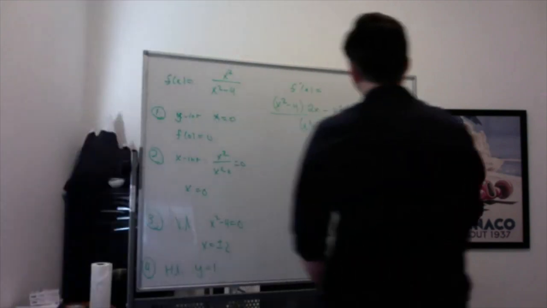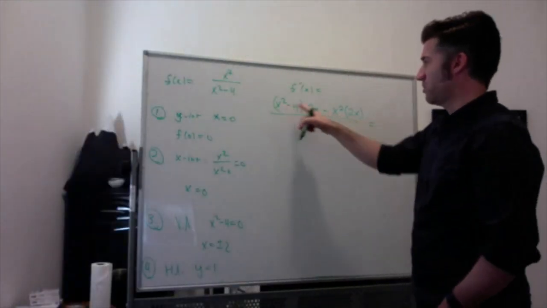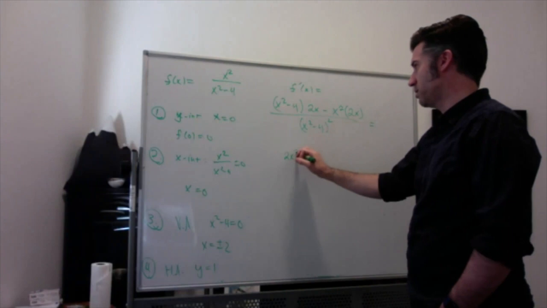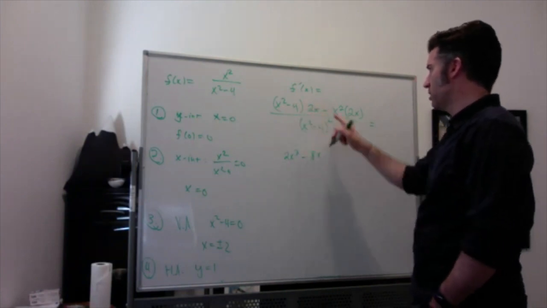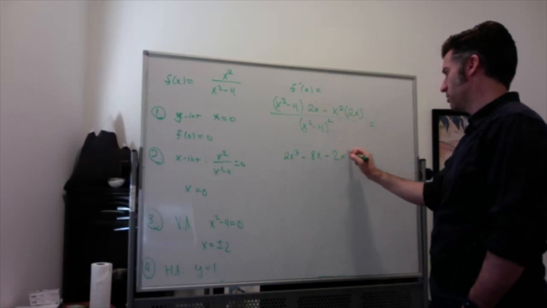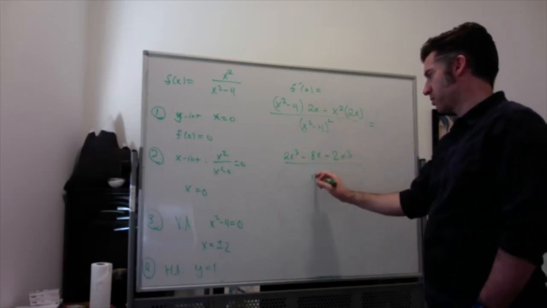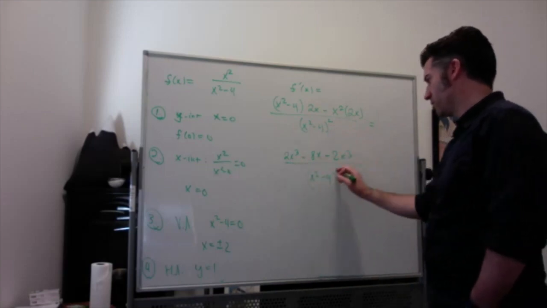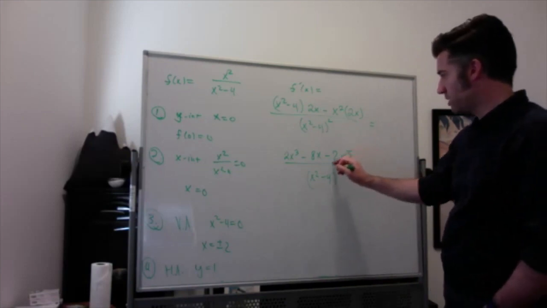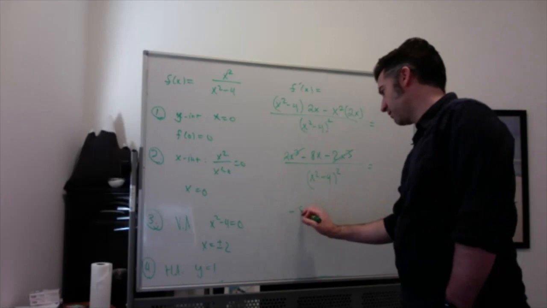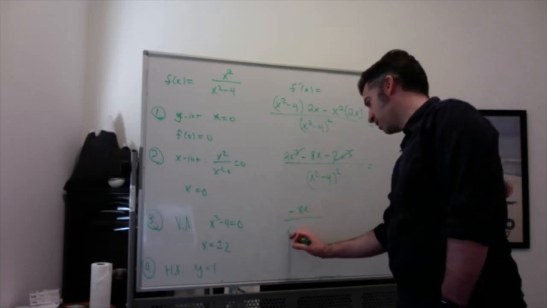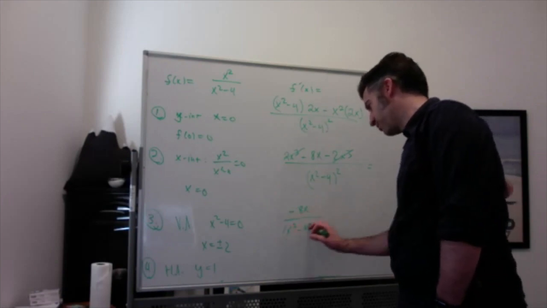Simplifying this, x squared times 2x is 2x cubed. 2x times negative 4 is negative 8x, minus 2x cubed, all over x squared minus 4 squared. The 2x cubes cancel, so we get negative 8x over x squared minus 4 squared.